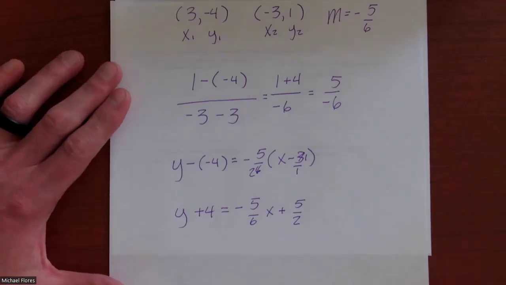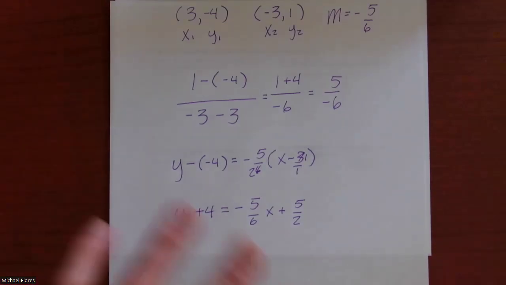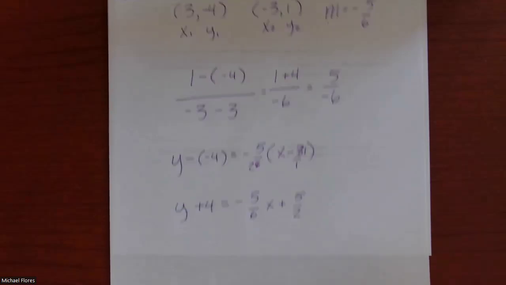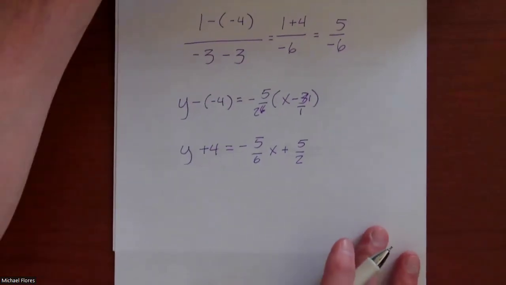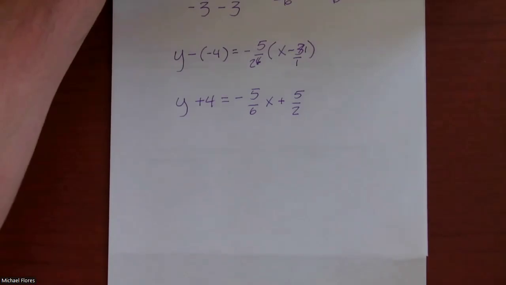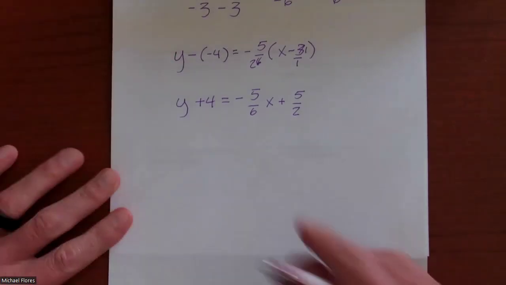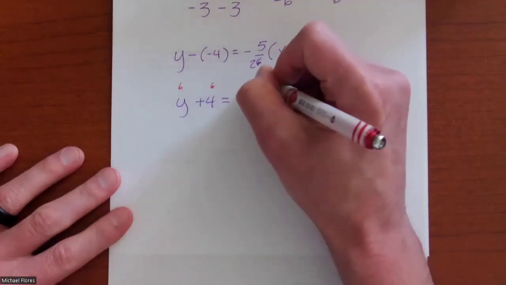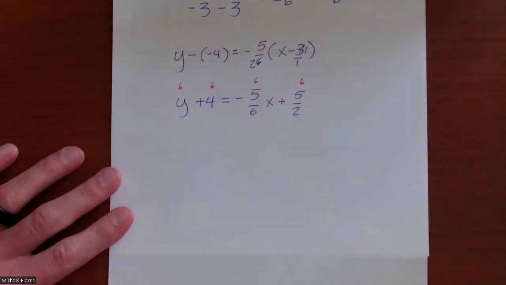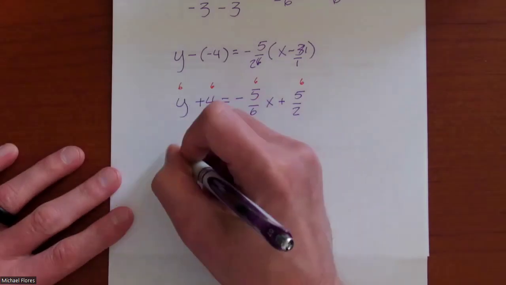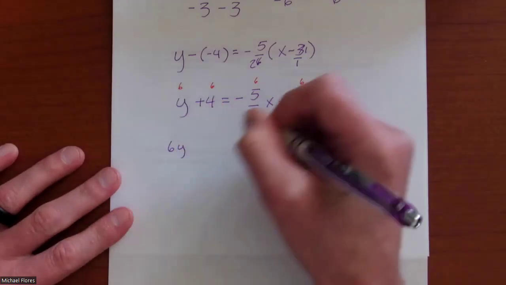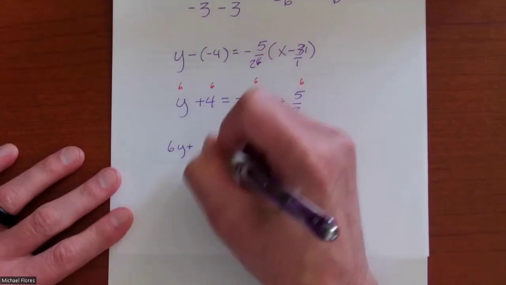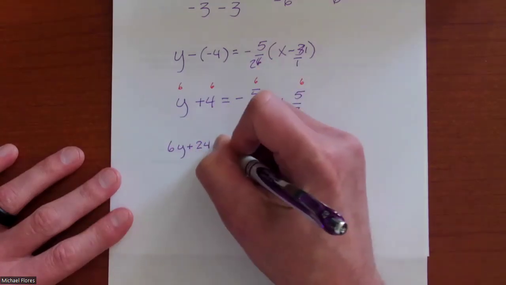All right. You know what? I don't like all these fractions that I have going in here. So I'm going to clear the fractions. I'm going to multiply everything in this problem by the common denominator, and our common denominator is 6. Multiply everything by 6. Well, 6 times y, 6y. 6 times 4, 24.